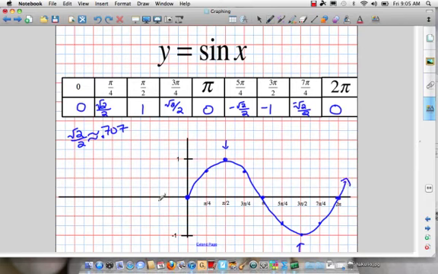And of course it keeps going, as well as in the other direction it keeps going, and we'll talk more about that in class. I encourage you to actually graph this on your calculators. Make sure you're in radian mode, and play around with your calculator graphs to get a better idea of what the sine wave looks like.